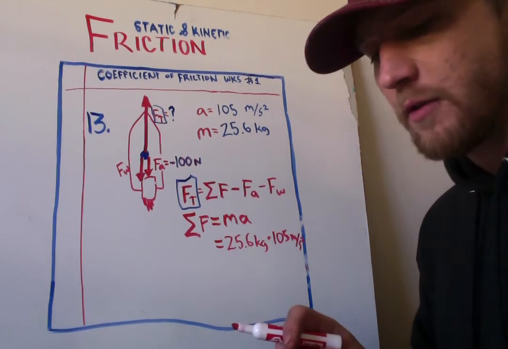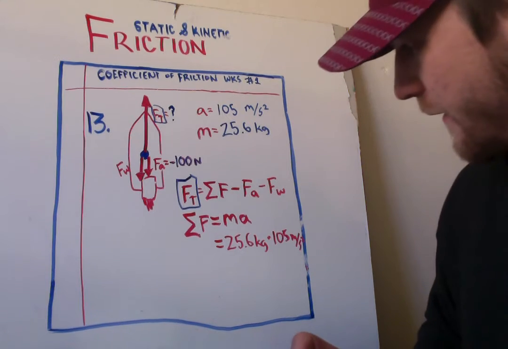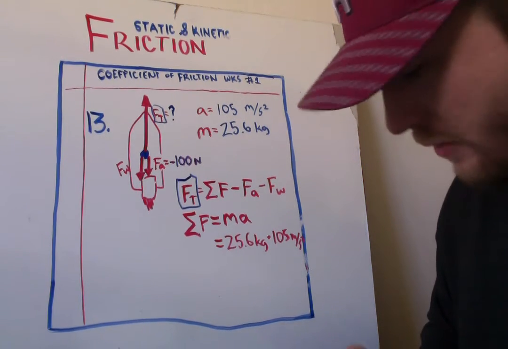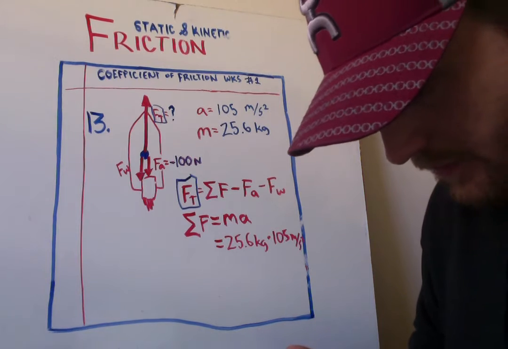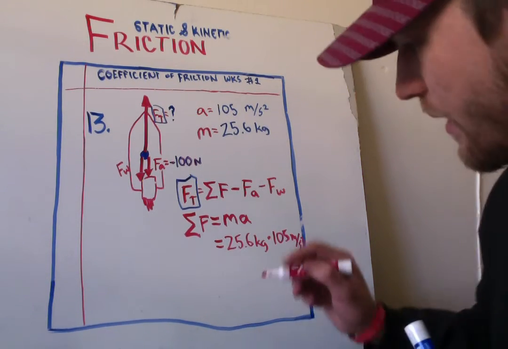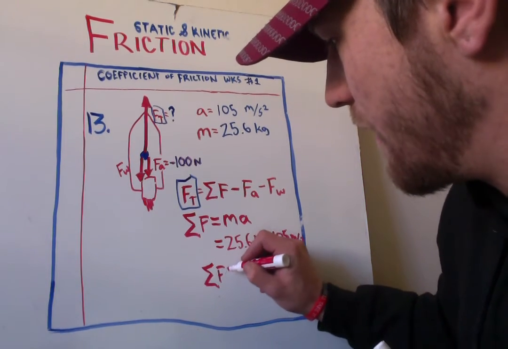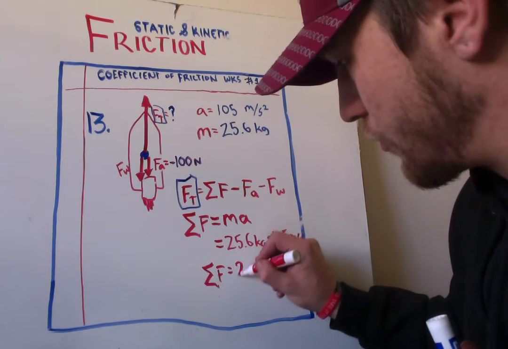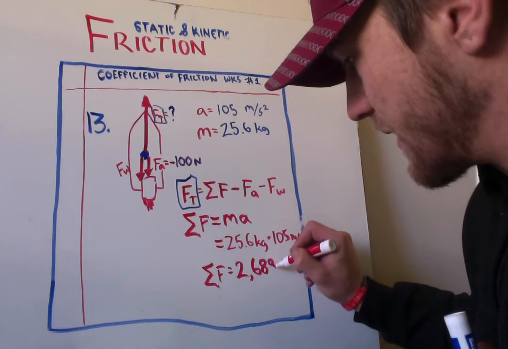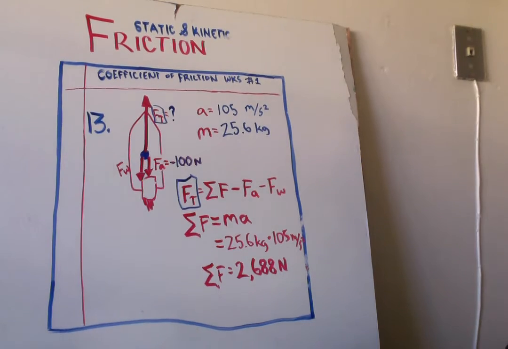Okay, if you multiply those two together, let me pull up my calculator real quick. We got 25.6 times 105. You end up getting a net force of 2,688. And force is always in newtons, right?